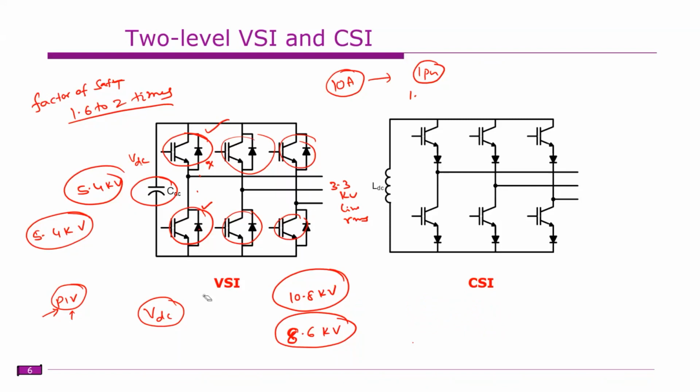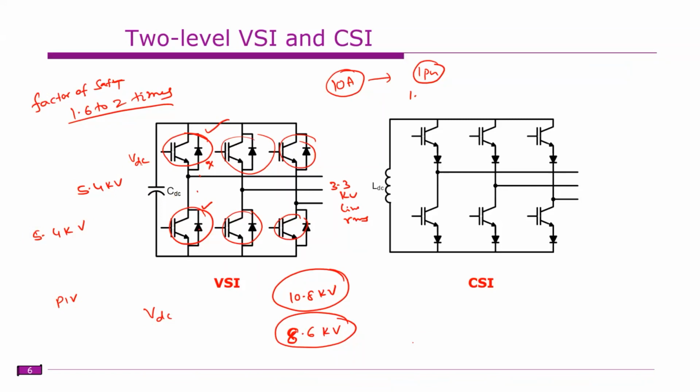The power electronic devices do not come with overloading factors. If 1.2 kV is the rating, you must operate at less than 1.2 kV only. In this case, you need to select a device which must withstand between 8.6 kV and 10.8 kV.